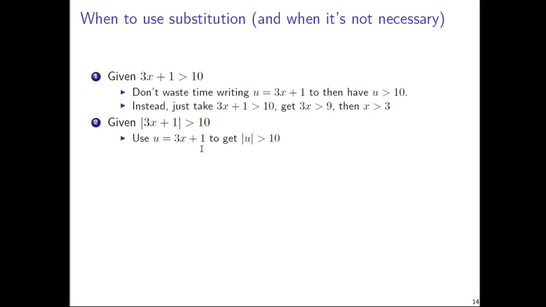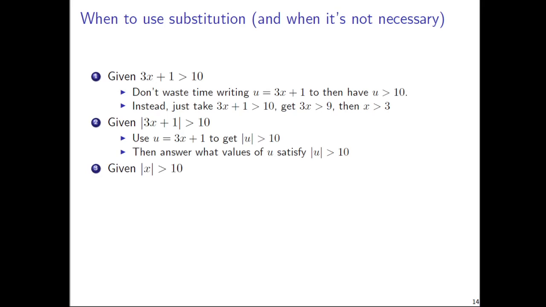We just made u equal to 3x plus 1 with no absolute value here. It's just the stuff that's inside the absolute value. Right? Then you can answer the question, what values of u satisfy absolute value of u is greater than 10? And then you'd go back and finish by substituting in reverse. Every u would then become a 3x plus 1.